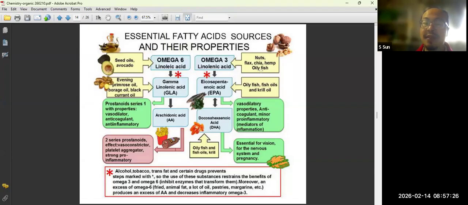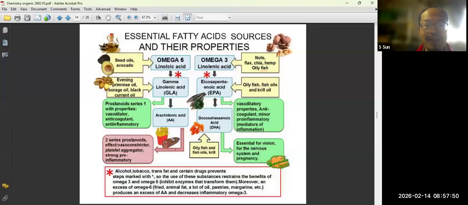So that is why fish. I thought that's animal. It's because these fish swim in the ocean, and the ocean is pretty cold, so they need a lot of this unsaturated fat to keep their oil liquid. Chia seed, nuts, all good stuff.